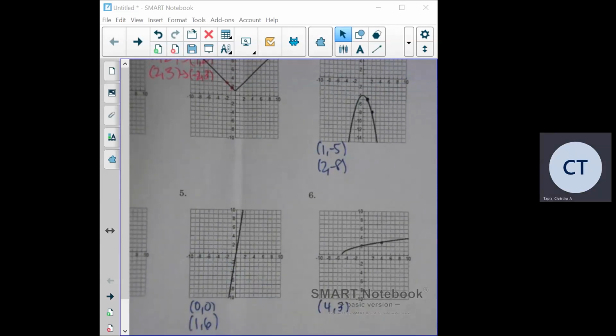All right, so go ahead and get started. Figure out what those are going to look like. Are they even, odd, or neither? Some of you might not need to graph these out or look at the coordinates. Some of y'all can look at the graph itself and determine if it's even, odd, or neither, but I'm showing you guys how to do some work with it. I'm going to give you about 2 minutes. Go.